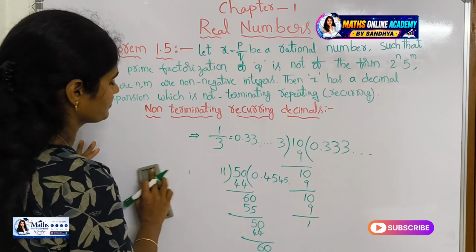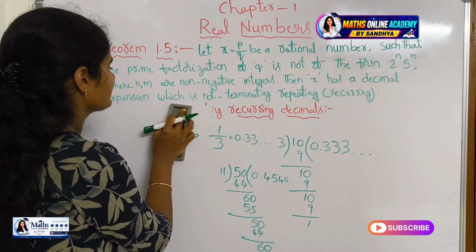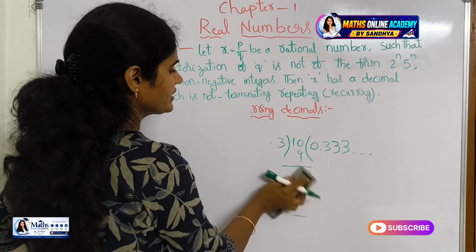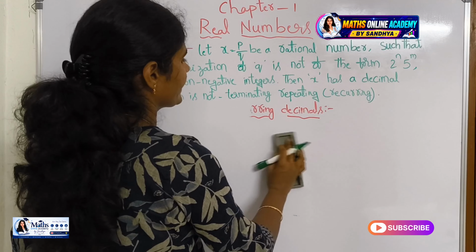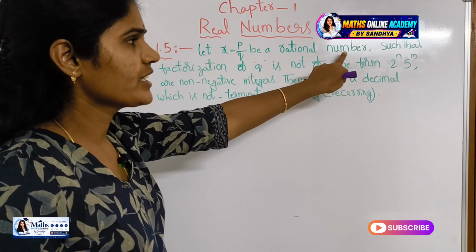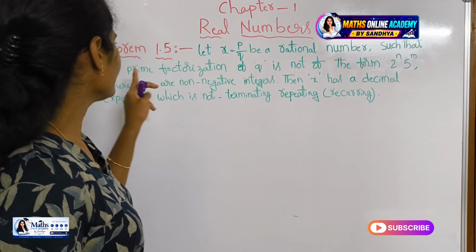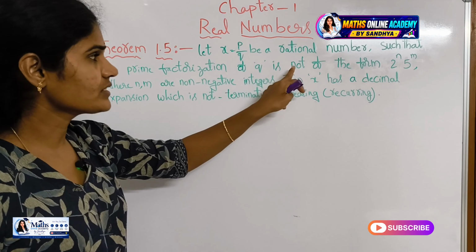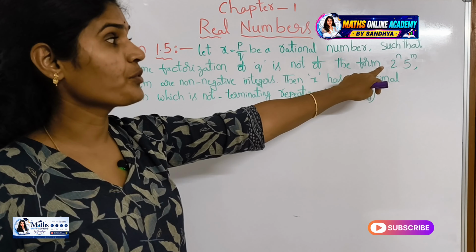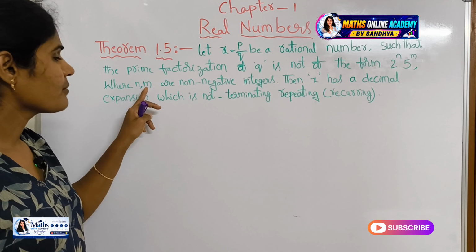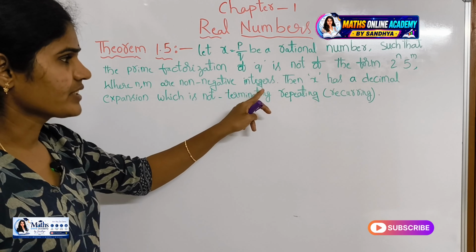So let's see theorem 1.5. What is the statement? Let x equal to p by q be a rational number such that the prime factorization of q is not of the form 2 power n 5 power m, where n, m are non-negative integers.